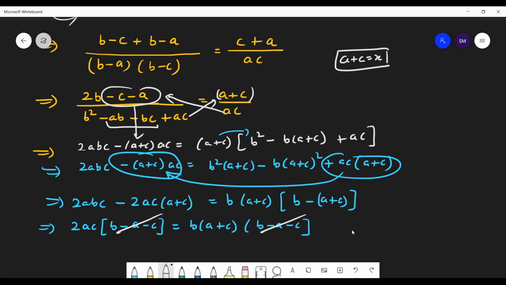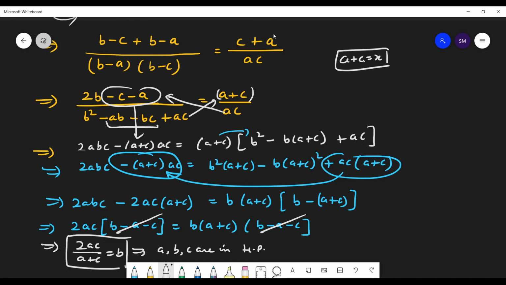So they will cancel out. And what do you get? 2ac upon a plus c is equals to b. Yes? Yes, sir. So what does this mean? This is in HP. Yes, a, b, c are in HP.